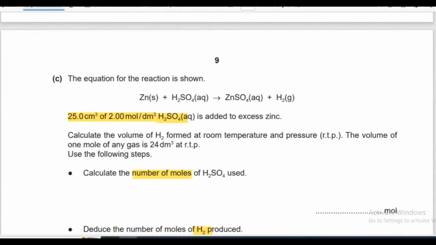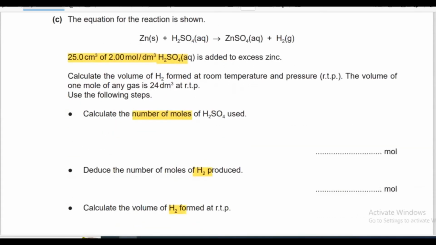Okay, then this is the reaction of zinc and sulfuric acid, and this is the concentration and volume of sulfuric acid. Calculate the number of moles. Moles is C times V divided by 1000. Concentration is 2.00, volume is 25 divided by 1000, which is 0.05. Then moles of hydrogen. Compare the moles of sulfuric acid with moles of hydrogen.